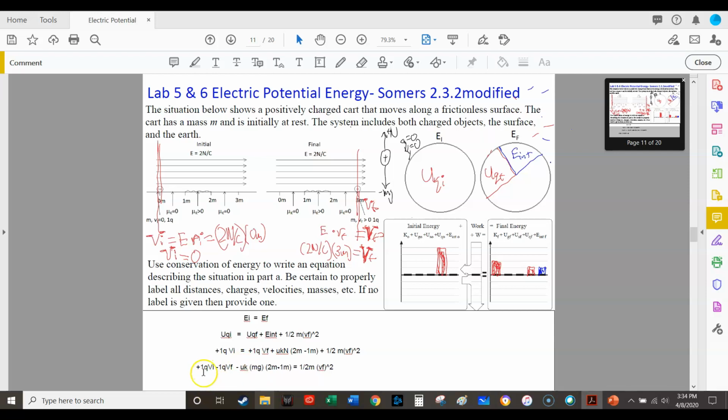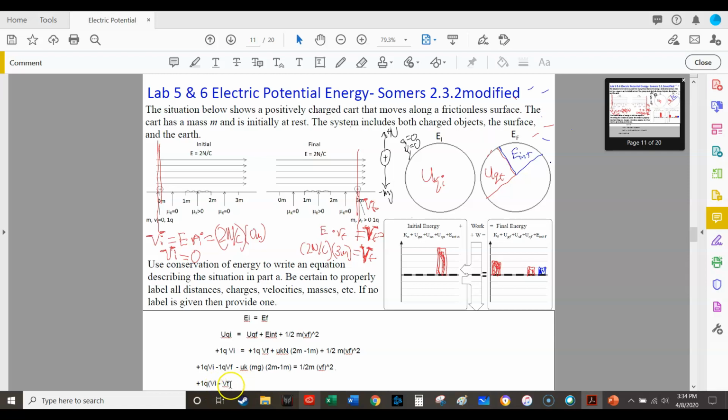Merge these two equations together to illustrate my point. I'm going to pull out a positive 1q, all right? And that's going to be equal to v sub I minus v sub f.